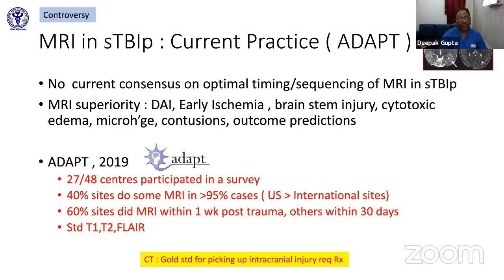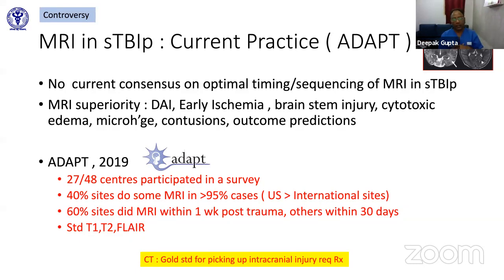Well, we do understand that MRI is superior in terms of picking up diffuse axonal injury, early ischemia, brainstem injury, cytotoxic edema, microhemorrhages, contusions, and of course for outcome prediction. In fact, the most valid indication as of today, wherein clinicians like to do MRI in young children with severe TBI is for outcome prediction.